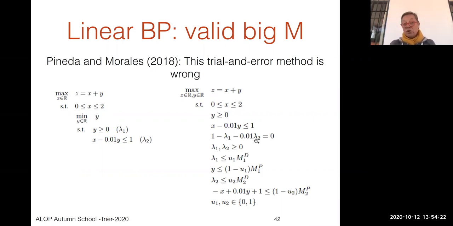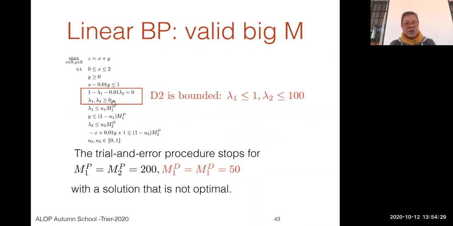And so it is bounded, and you are sure that lambda 1 and lambda 2 can never be bigger than respectively 1 and 100.